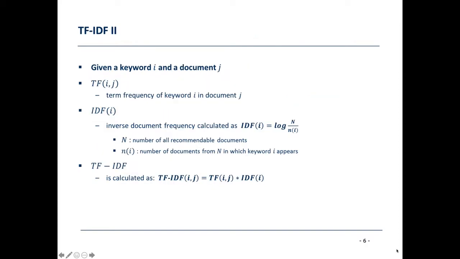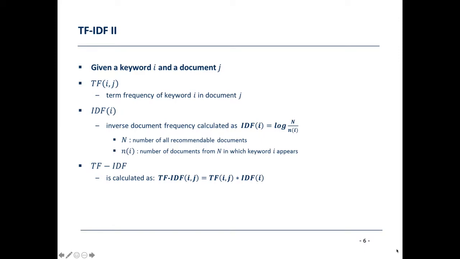So I've got a term frequency of a keyword i in a particular document j, and then inverse document frequency is just the log of the number of documents over the number of documents in which that particular term is to be found.